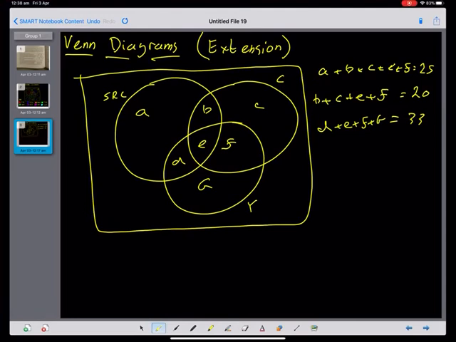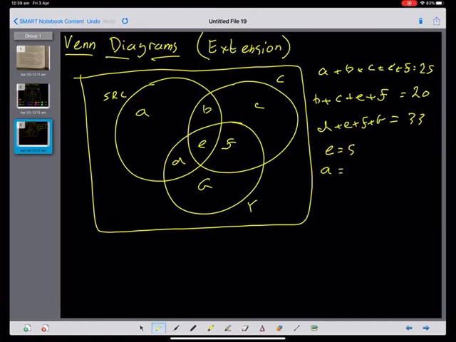Okay, so let's go through the pieces of information that we have. We are told that 5 students belong to all 3 groups. So we can say that E is equal to 5. We are also told that 13 members belong to the SRC and no other club.